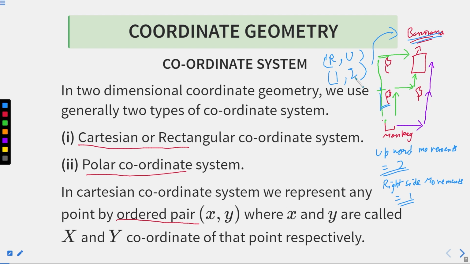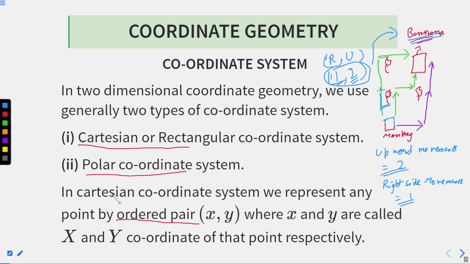So the location of the banana from the monkey is 1 comma 2. 1 means the right side movement of one point, and 2 means the upward movement of two points. Okay, clear?